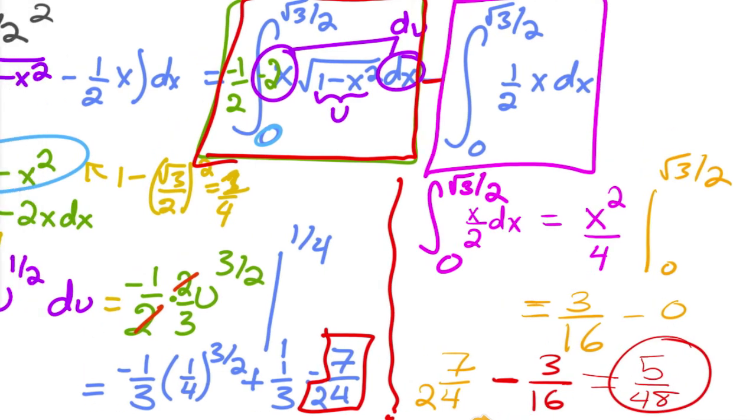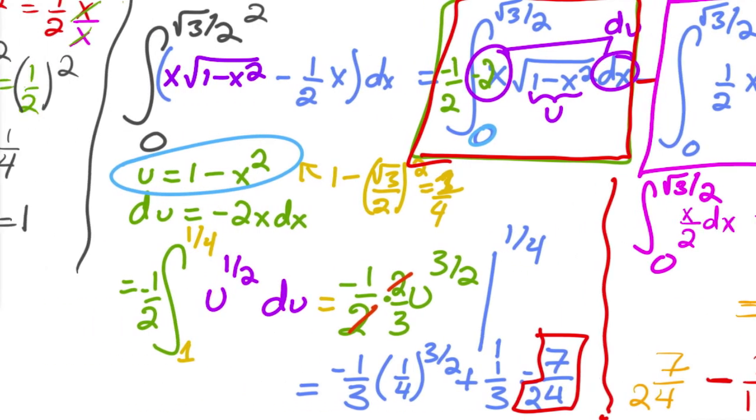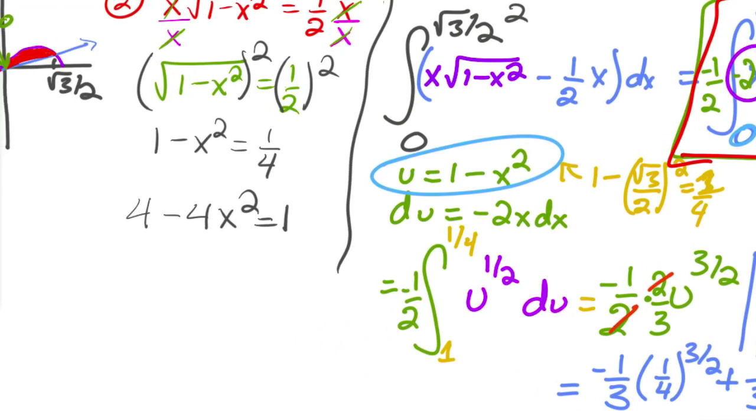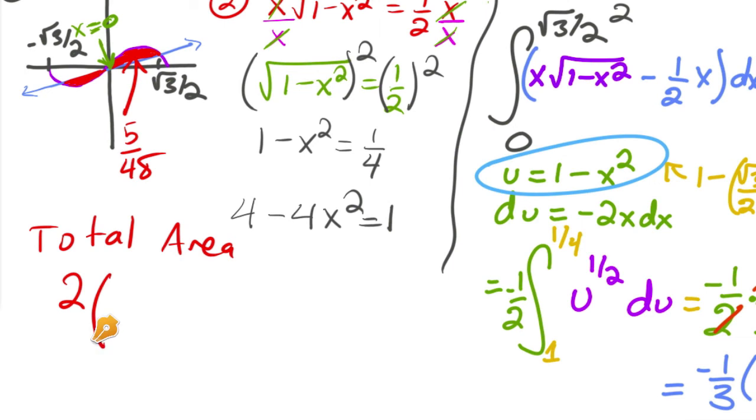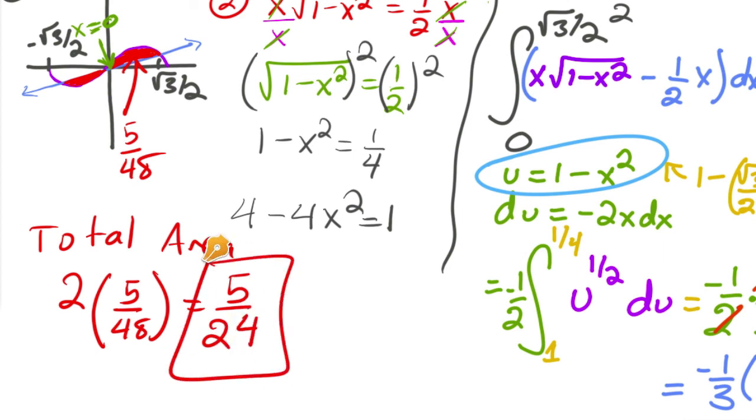Okay, but that's not exactly right, because remember that was just from 0 to √3/2. So what we just found was that first half, and so the total area would be twice 5/48, or in other words 5/24. And so that's the area.